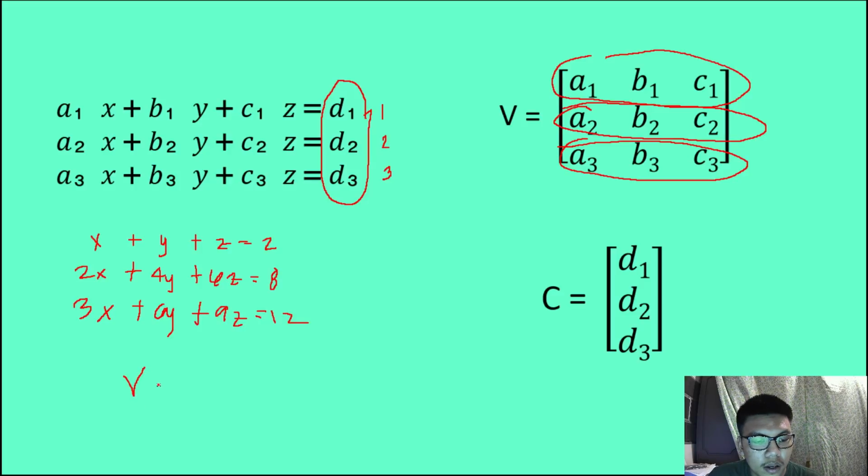So let's have v, ano, as our variable. Name ng ating matrix, ano, variable to. So let's name the matrix v. Okay. So ano yung coefficient nito? So 1. Coefficient ni y 1 din, and coefficient ni z ay 1. Okay. Then equation 2, so 2, 4, 6.